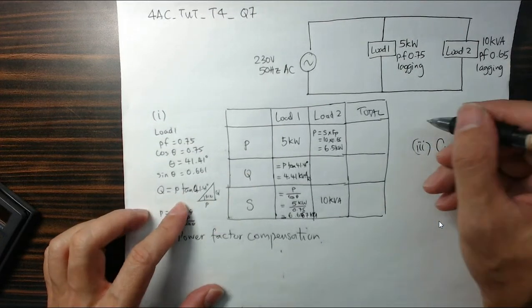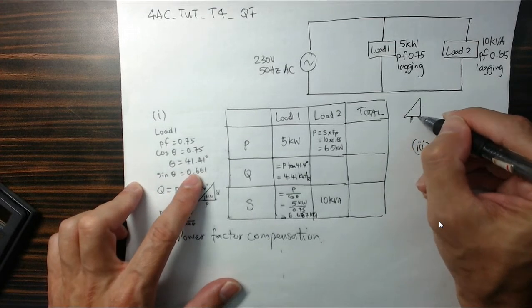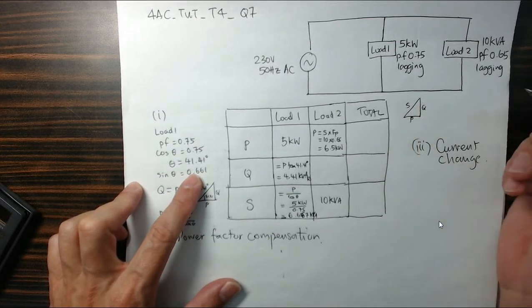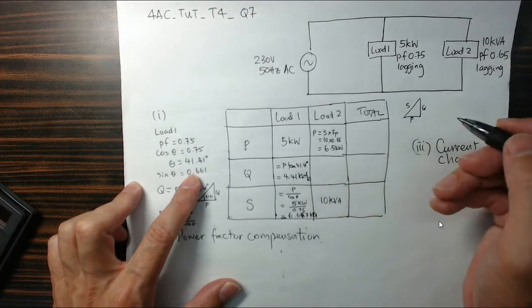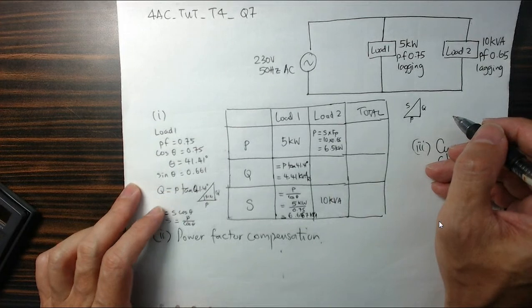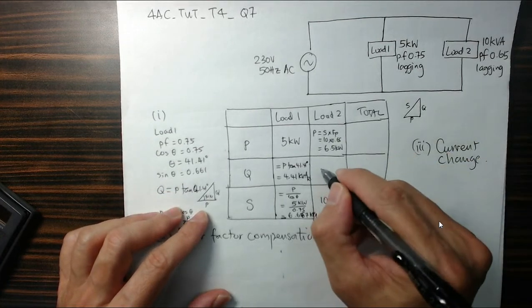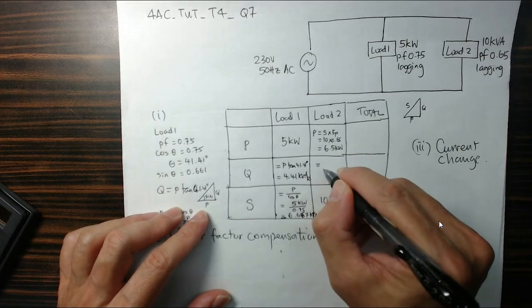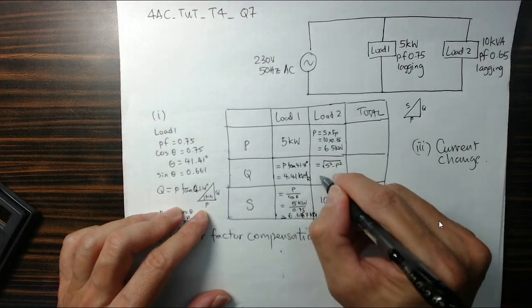If I were to draw the triangle again for this case, P is here, Q is here, S is here, right? I know S, I know P, I want to find Q. I can do a subtraction. So Q is equal to the square root of S squared minus P squared.